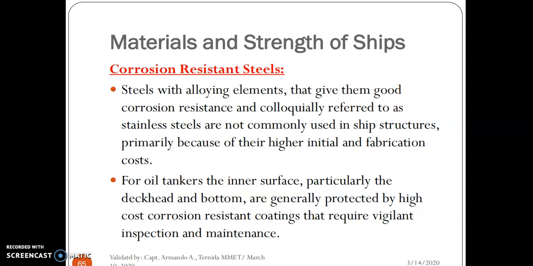Makikita natin yung superstructure. For oil tankers, the interface surfaces, particularly the deck and bottom, are generally protected by high-cost corrosion resistant steel or coatings that require vigilant inspection and maintenance. So yung mga sa tanker, sa mga tangke, ni-stainless na nila yan to have a corrosion resistance.